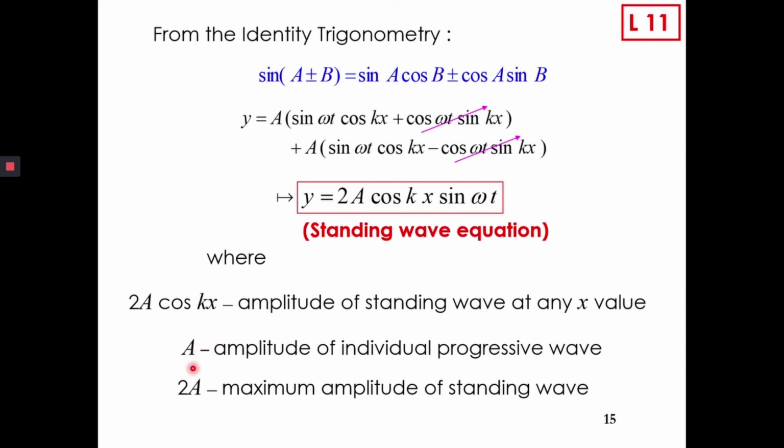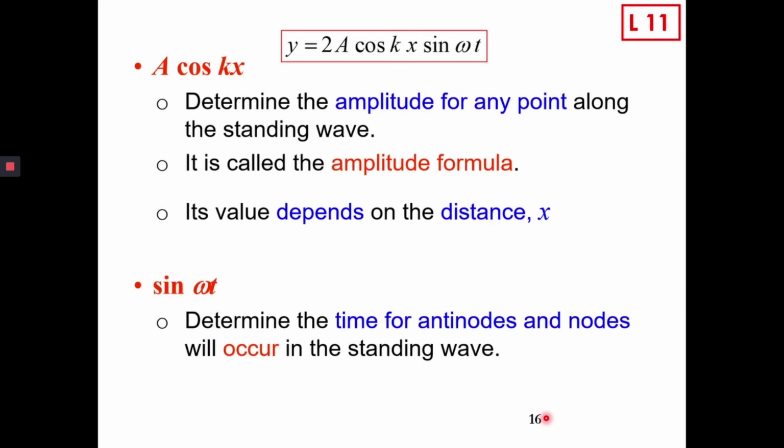A is the amplitude of the individual progressive wave, and 2A is the maximum amplitude of the standing wave. Okay, 2A cos kx is also called the amplitude formula, which we use to calculate the amplitude for any point along the standing wave.